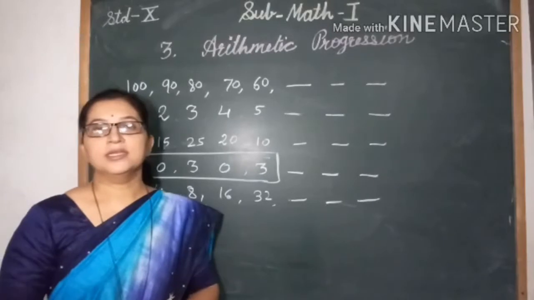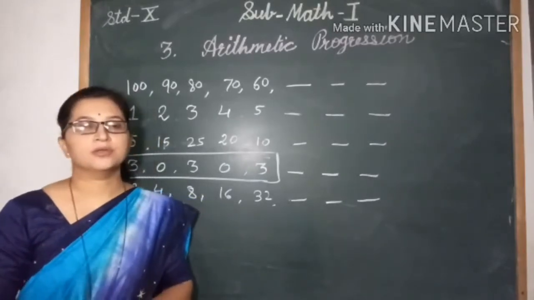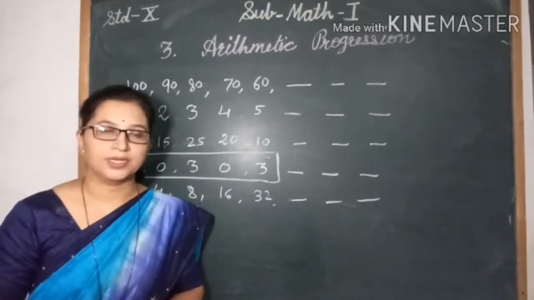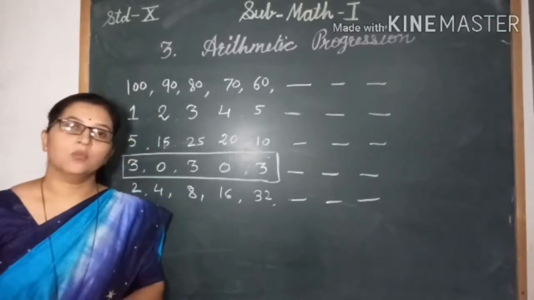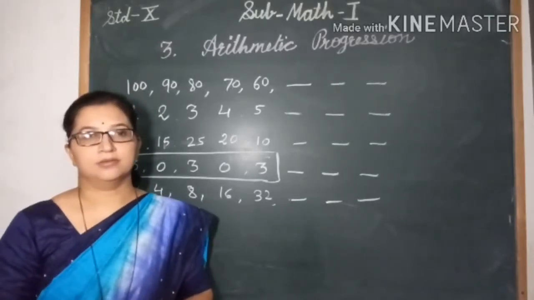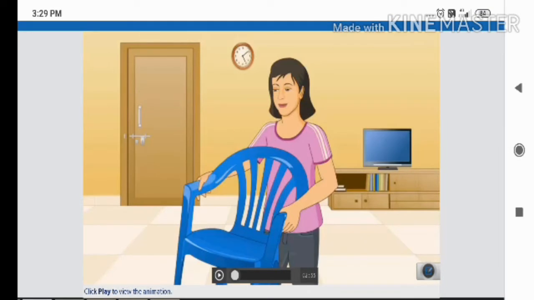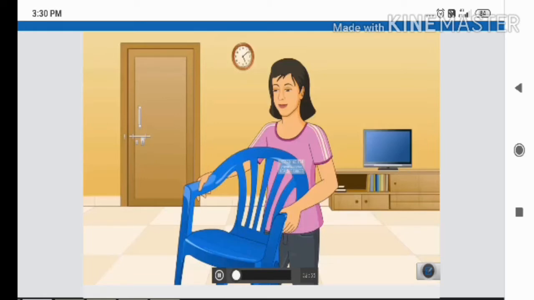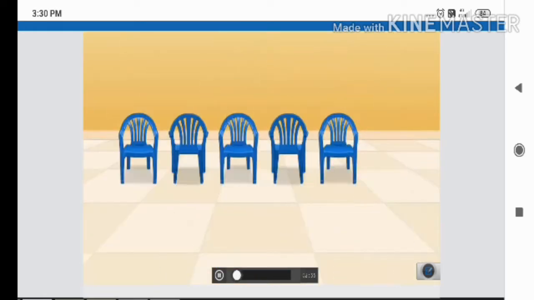Dear friends, this year in our 10th class, we are going to study only the arithmetic progression. So let's see what arithmetic progression is. Disha is hosting a party at home. She's arranging chairs for a game of musical chairs. Let us see at what distance she has placed the chairs.